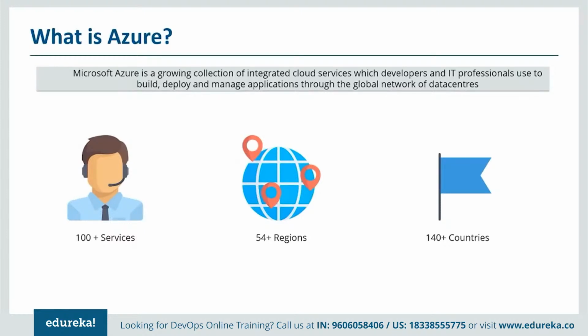And it is available right now in 54 plus regions. This means that you can imagine the kind of scale at which the cloud computing platform is getting built. A region means that it can be one particular country, or a particular area in which a data center has been created. That's something at a very high level called a region. So overall, the Azure platform is available in lots of areas.